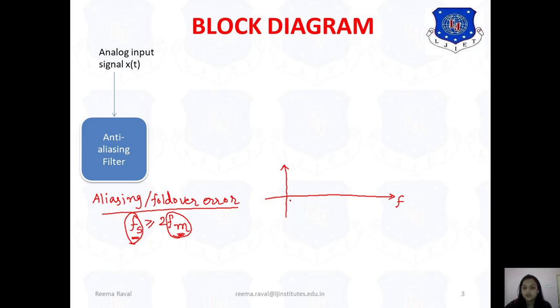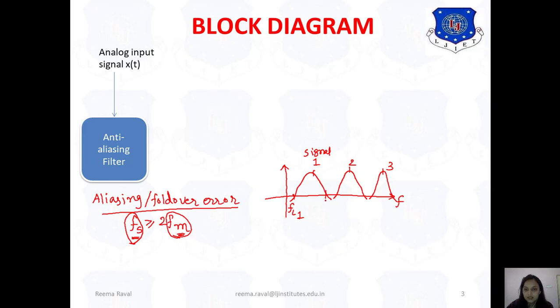We are going to consider the various frequency component signals. First, this is signal 1, this is signal 2, and this is signal 3. This indicates FL1, which means the lower frequency for signal number 1.